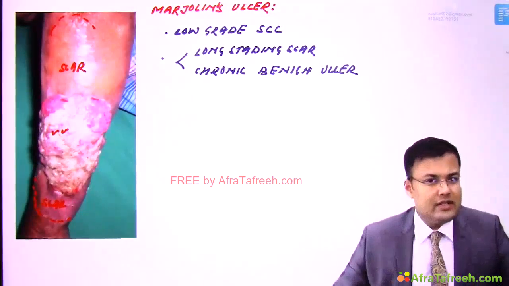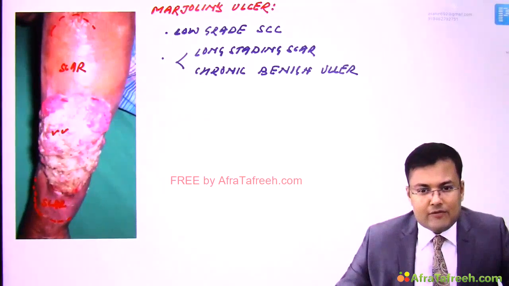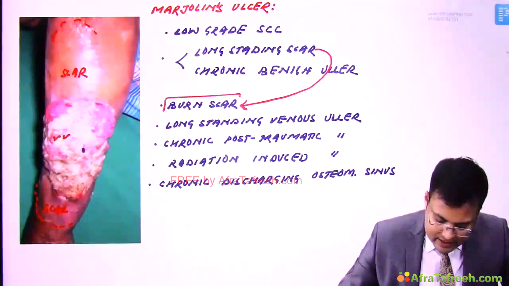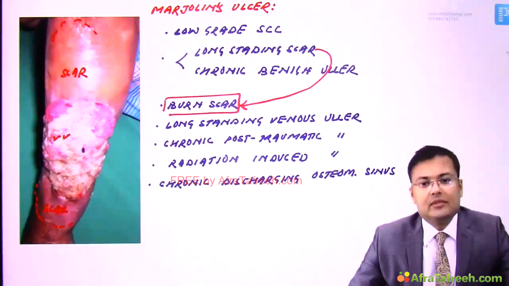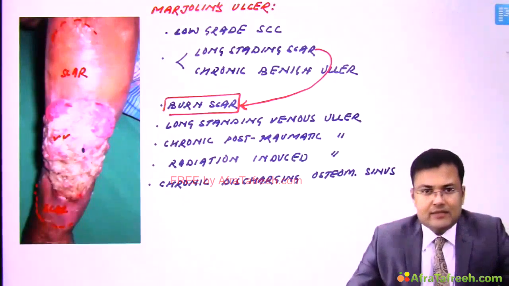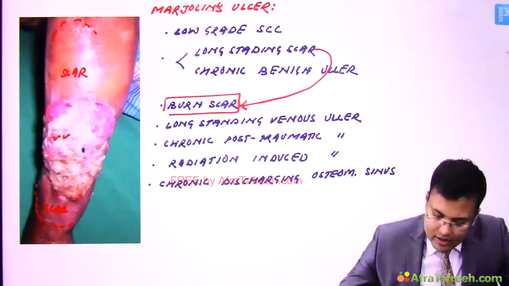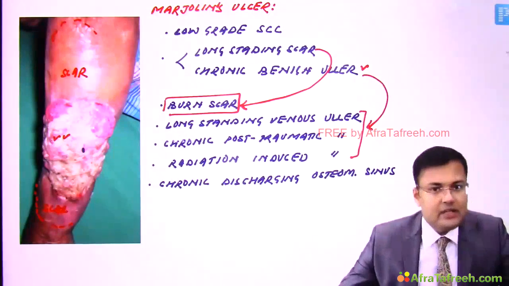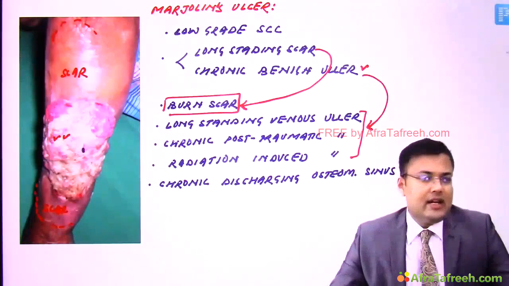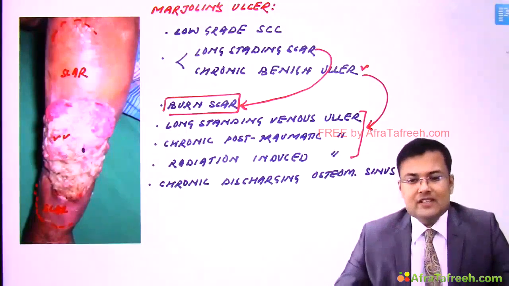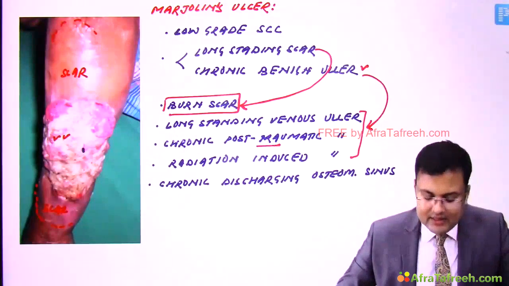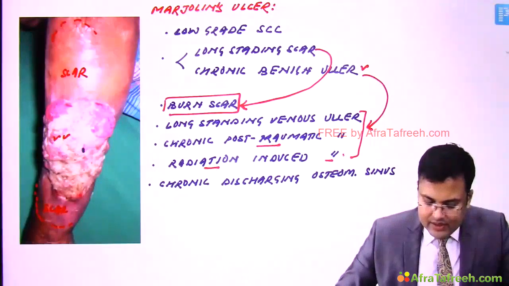Generally, see from which areas or from which scars it is going to develop. This long standing scar is generally a burn scar. So Marjolin's ulcer arises from burn scar. And what do you mean by chronic benign ulcer, and in which ulcers is this malignancy seen? It is seen in long standing deep venous ulcer, chronic post-traumatic ulcer, or radiation induced ulcer.